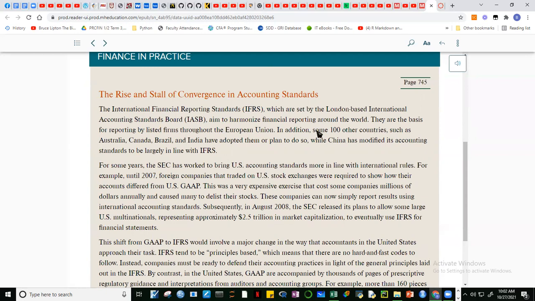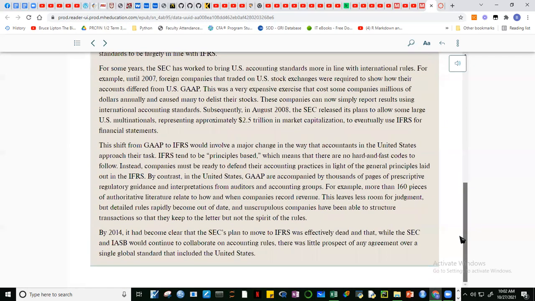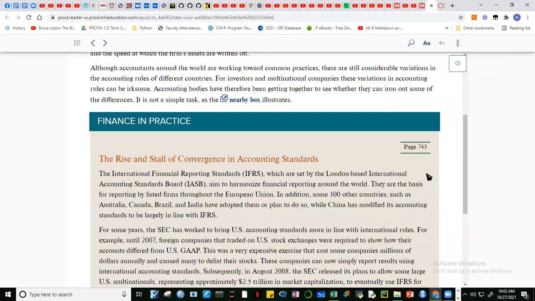So there was a move, which came from Europe, to standardize the way the financial statements are presented. But I think it reached a standstill because the US was not so keen on adopting the IFRS.